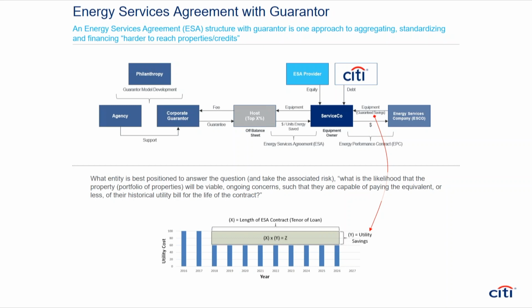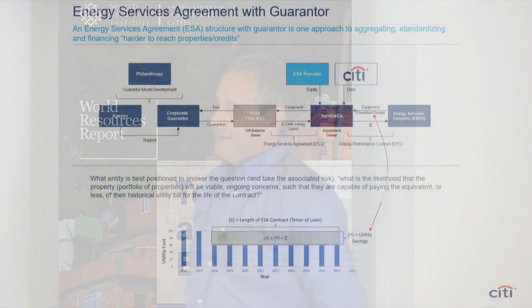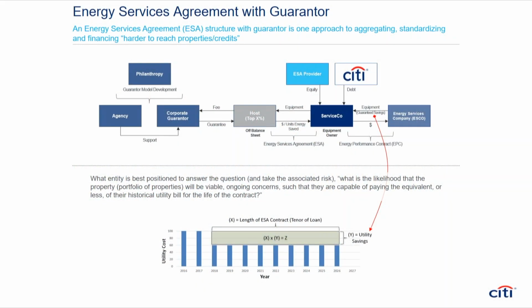Essentially the cash flow or the viability of the business or the property that's being invested in over a longer period of time, right? Can it pay its utility bill? Can it pay the equivalent or less than its historic utility bill?